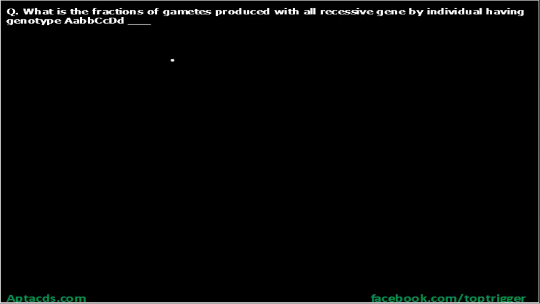Now this is another variant of the same problem. Here the question is asked regarding the recessive gene. We know very well that for any given genotype, the possible recessive gene is equivalent to all recessive genes of the given types of the gametes. For instance, in the given genotype, capital A, small b small b, capital C, small c, capital D, small d, we are looking for a gamete with a genetic constitution a, b, c and d.